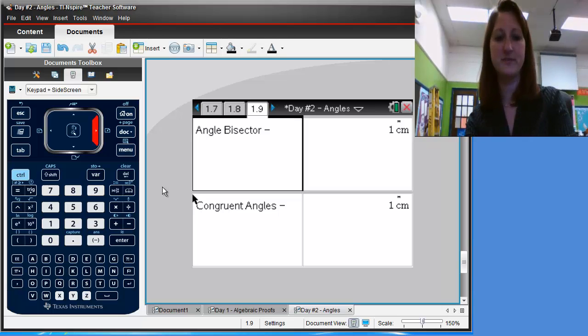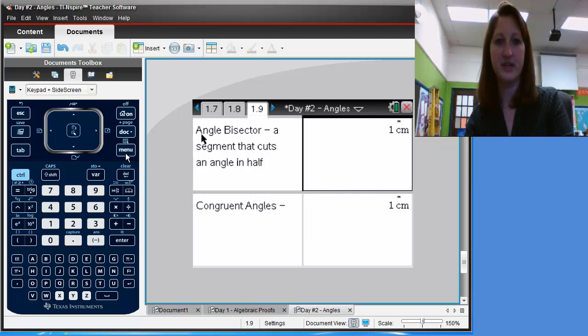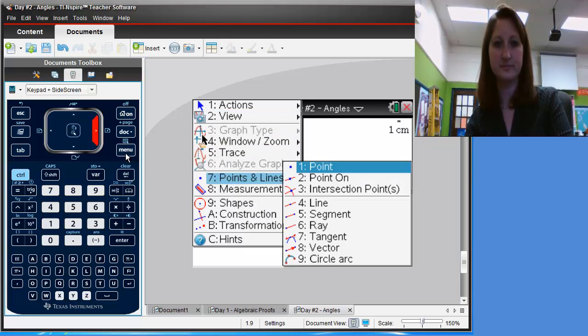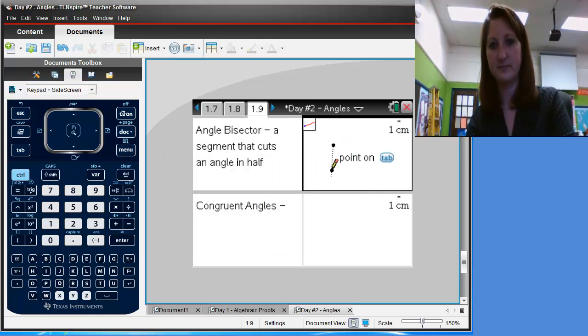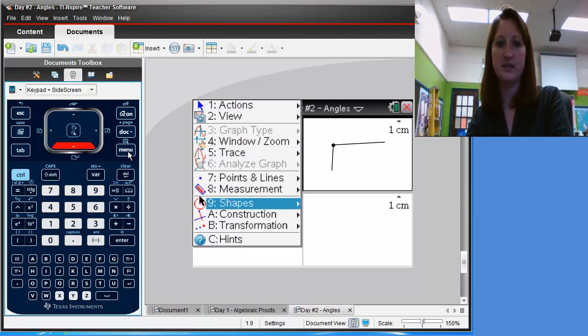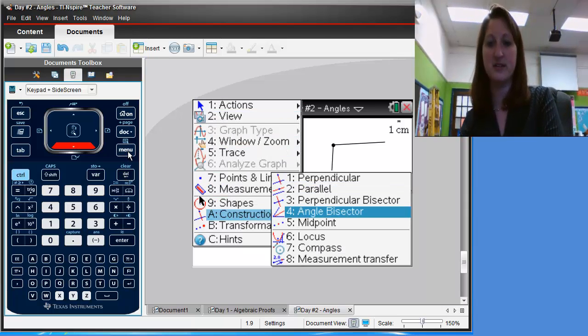Okay, angle bisector is a segment or a line or a ray, something that cuts an angle in half. So, if we draw an angle, and then we go to our menu, in the construction menu, we have an angle bisector option.